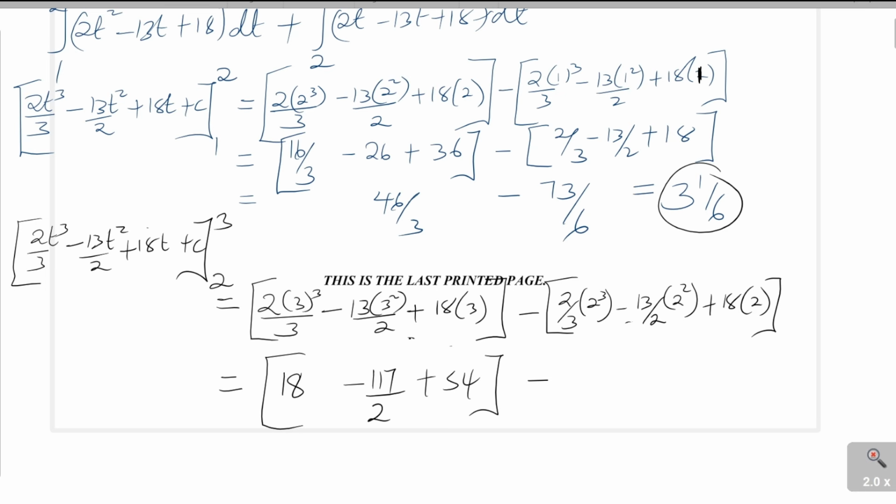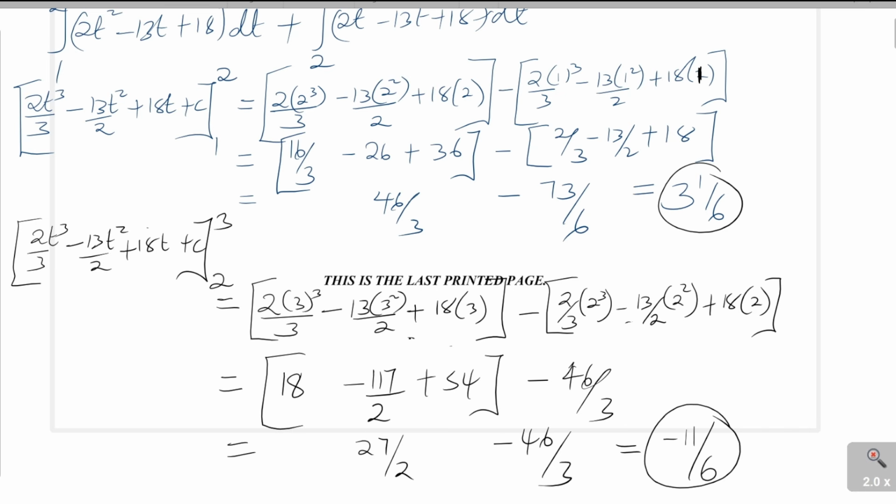We already worked out the substitution of 2 here, and the solution was 46 over 3. So this gives 18 minus 117 over 2 plus 54, which gives 27 over 2. Subtract 46 over 3, and you will get negative 11 over 6.